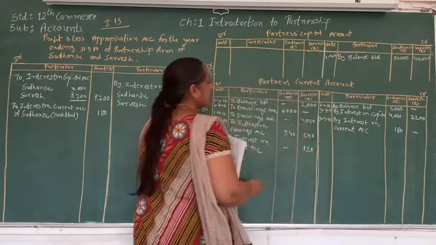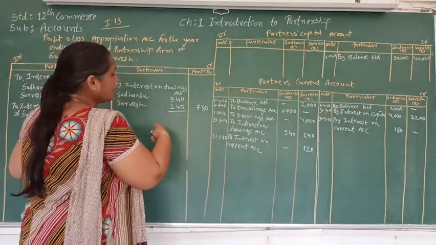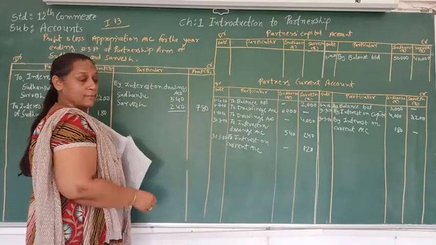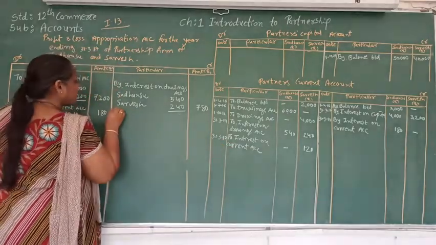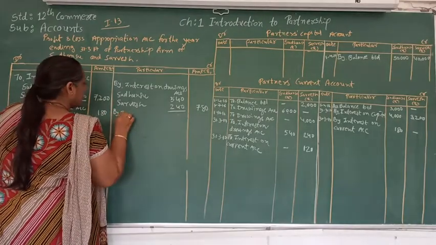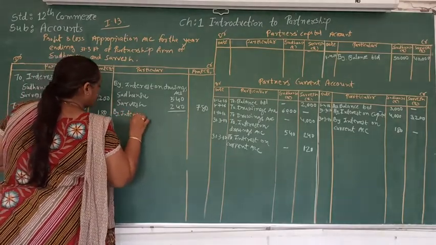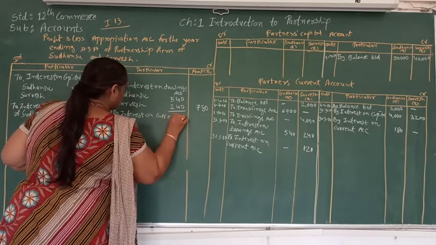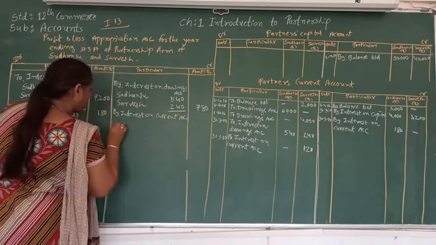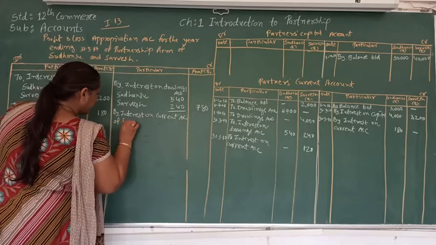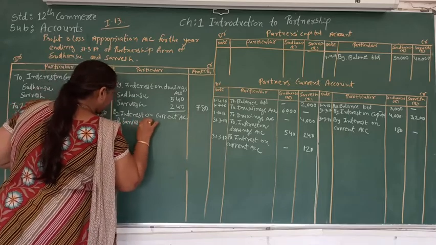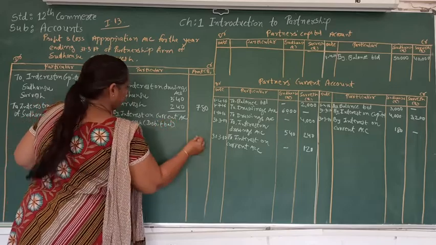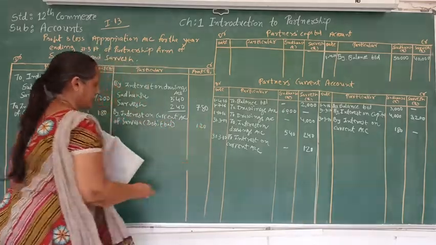So this 120 will be income for the partnership firm, as it is an expense for the partner. So here we are going to write down by interest on current account of service, and that is a debit balance, and that will be 120.